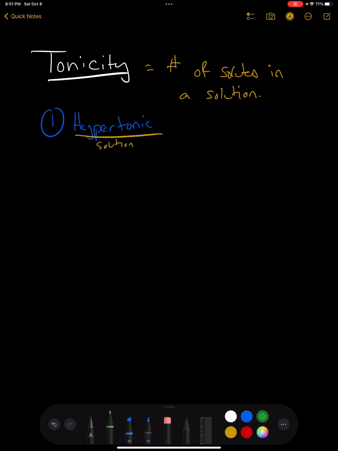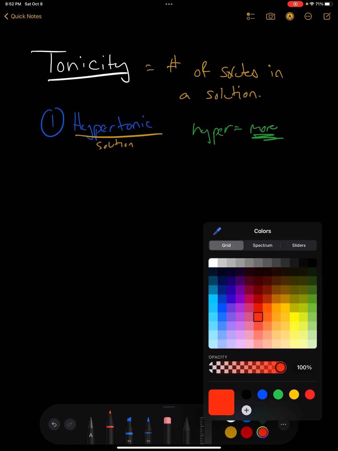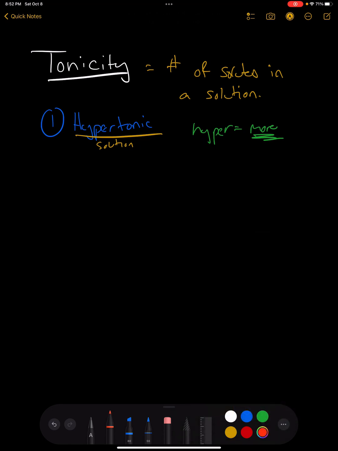Now, hyper means more. And when we talk about more, we're referring to more solutes, right? So if I have more solutes, that means I'm going to have less water. And here's what that's going to look like.